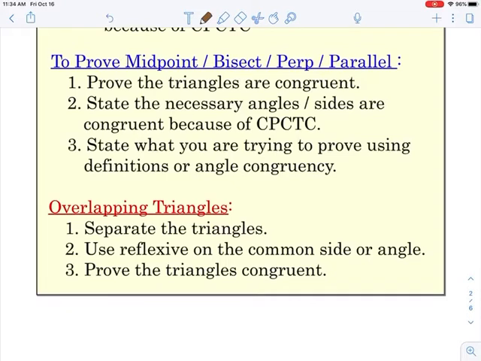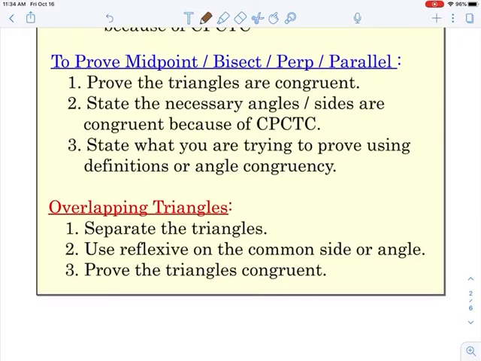We again use CPCTC to state any necessary sides or angles that are congruent, and then state what you're trying to prove using definitions or angle congruency. You'll see what I mean by that when we get into the problems.